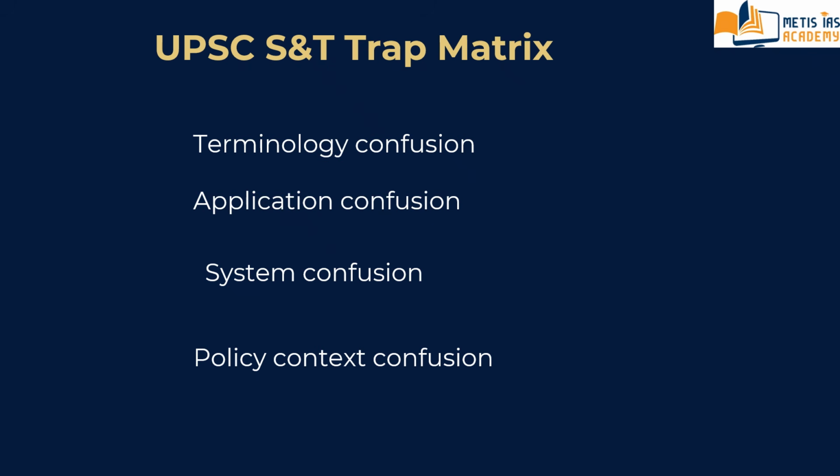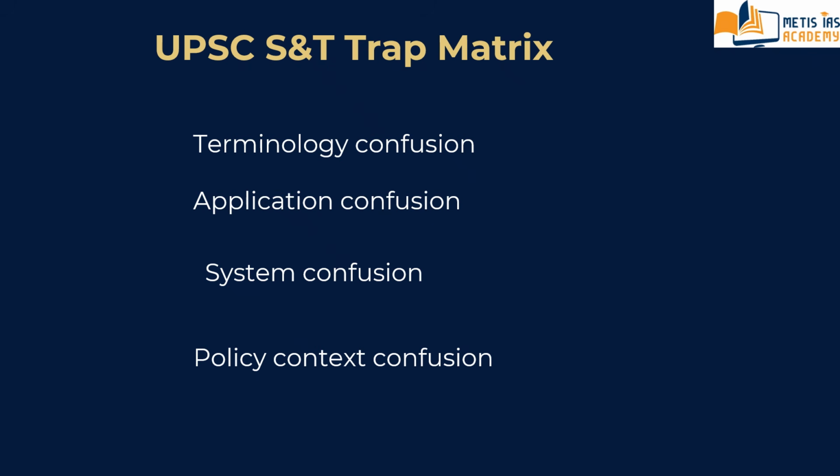So you have to understand the confusion, understand the trap. You have to read the particular question more cautiously. Then only can you understand what they are actually asking. Then only can you eliminate other options and identify the correct option.